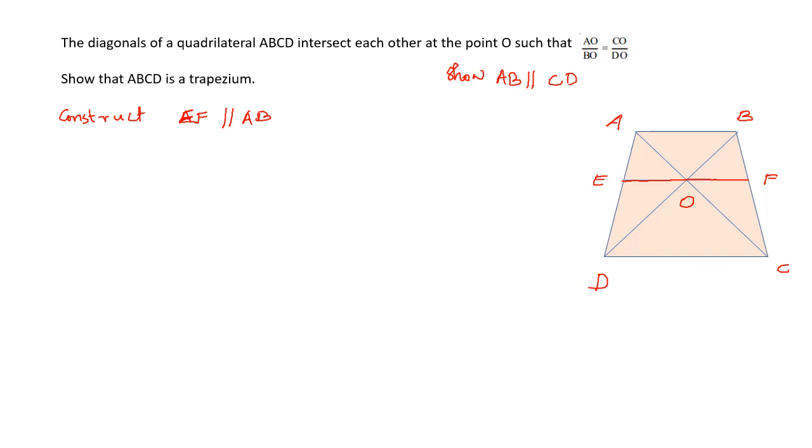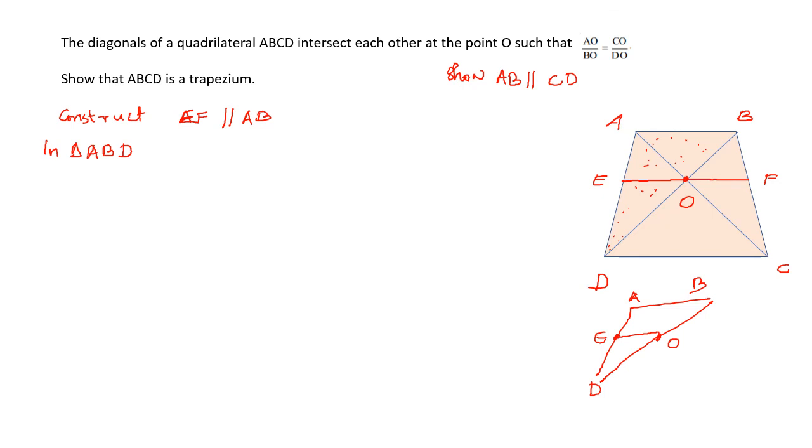In triangle ABD, this is the triangle that I am taking. In this triangle, there is this EO. If I draw it like this, then you will understand. There is AB, there is D, and then there is E, and here you have O, and EO is parallel to AB.